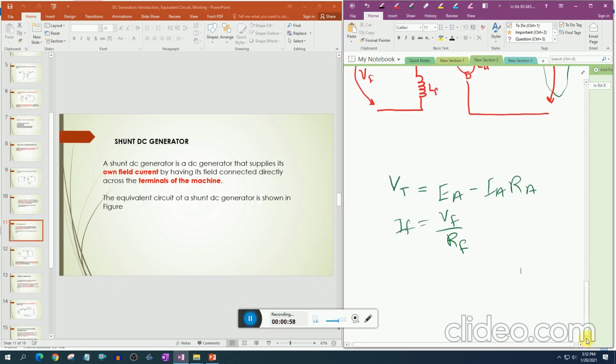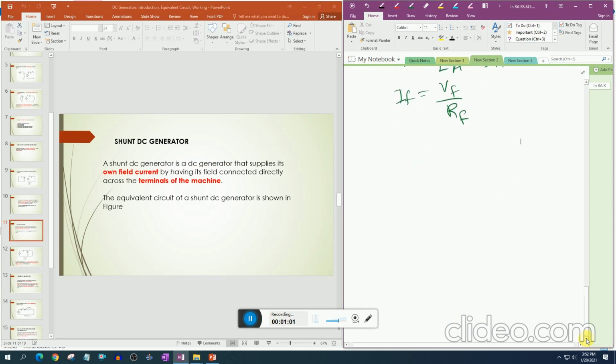The next type of DC generator is the shunt DC generator. A shunt DC generator is a DC generator that supplies its own field current by having its field connected directly across the terminals of the machine.